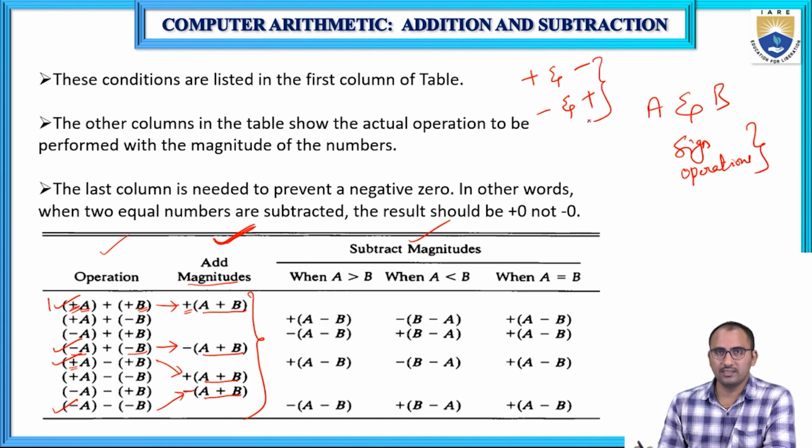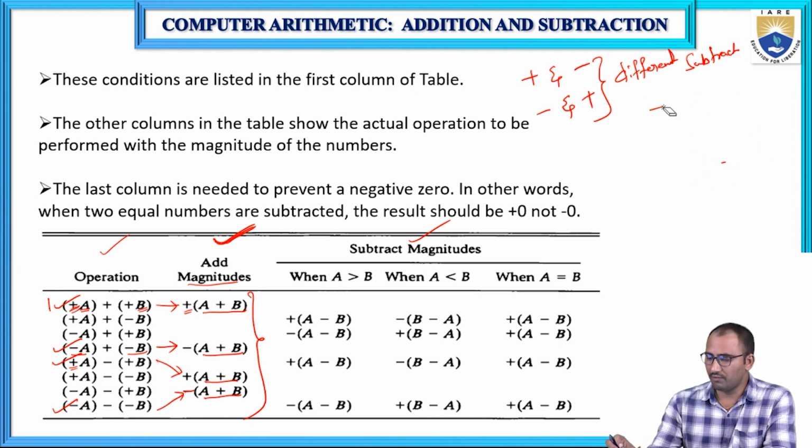When the signs are different, we are performing subtraction. Similarly, when the signs are the same, that means plus and plus, minus and minus, we are performing addition.